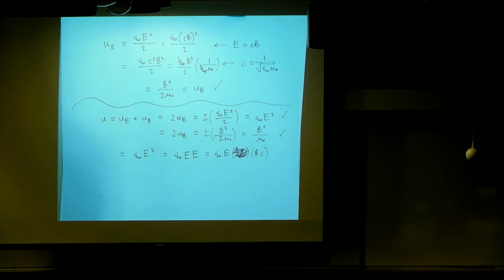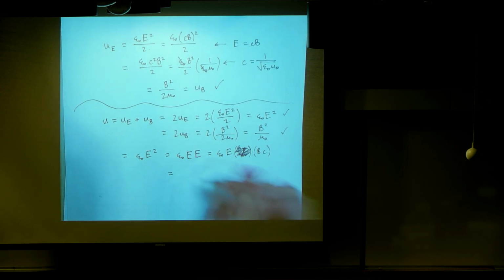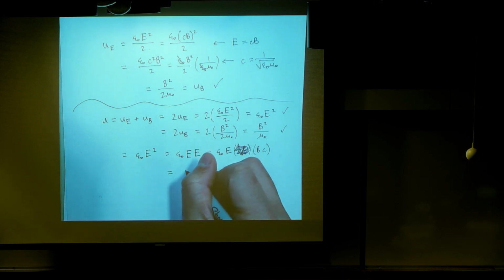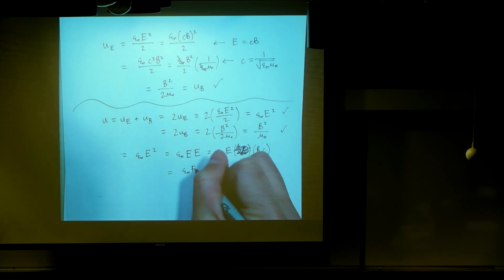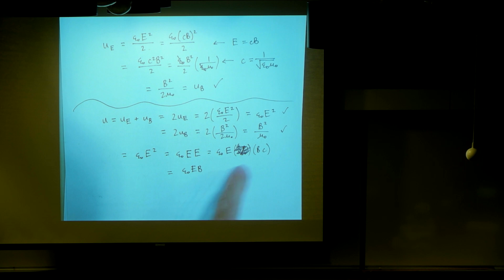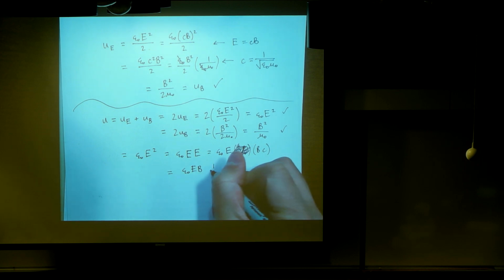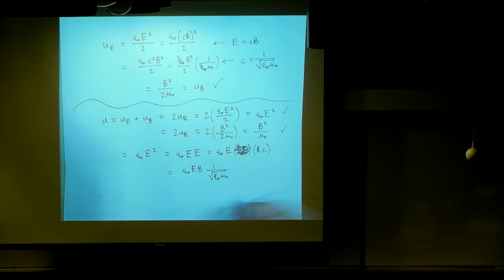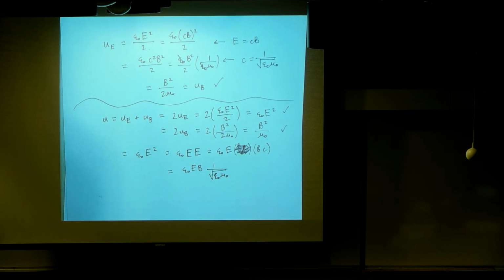Anyway, so we have epsilon naught, we have E, and we have B. And then I just want to remind you that C is 1 divided by the square root of epsilon naught times mu naught, right? That's an expression for C right there.